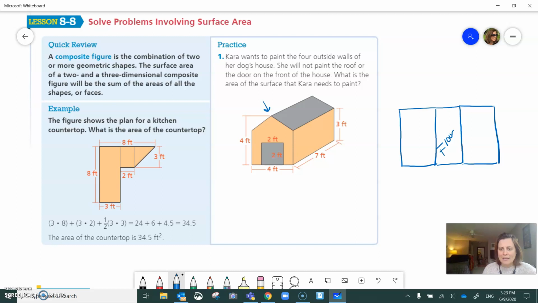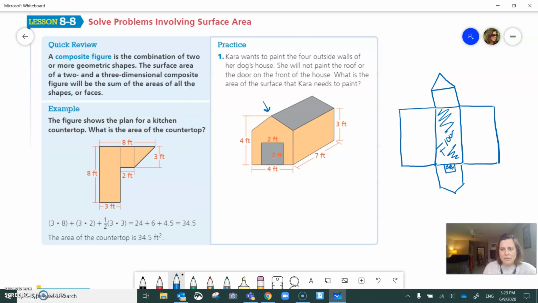The back is going to be this square with a peak at the top. And then this will be exactly the same. The only difference with the front is that there's also this door cut out, and we are also not going to paint the door. So these are the things that we're not painting.